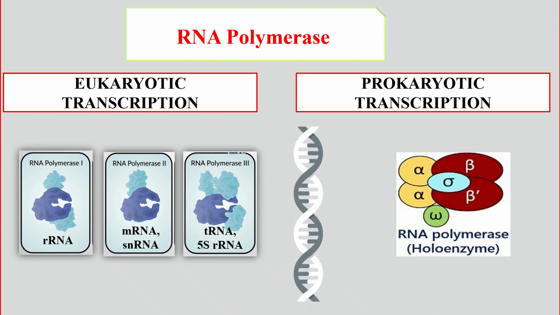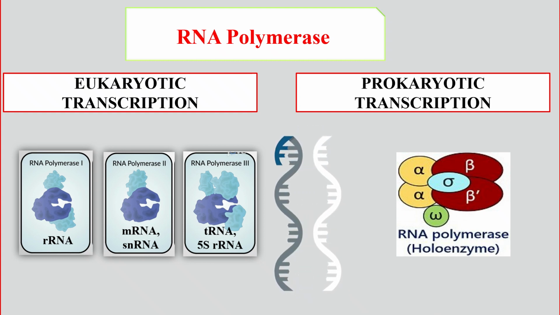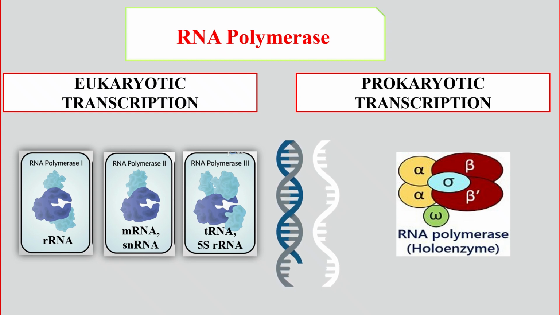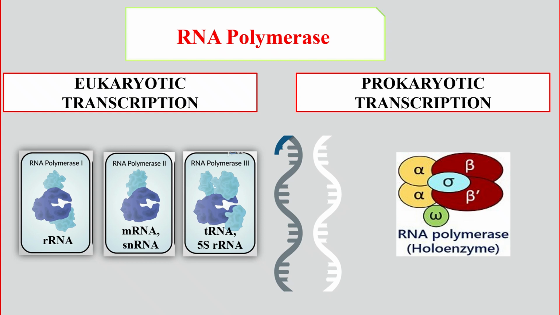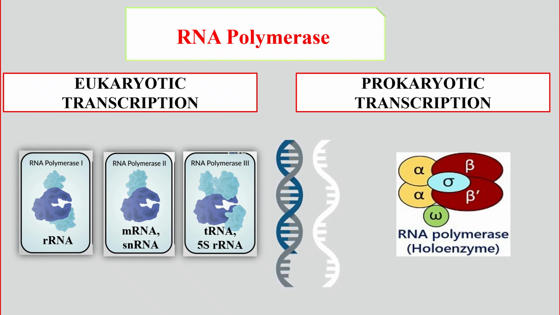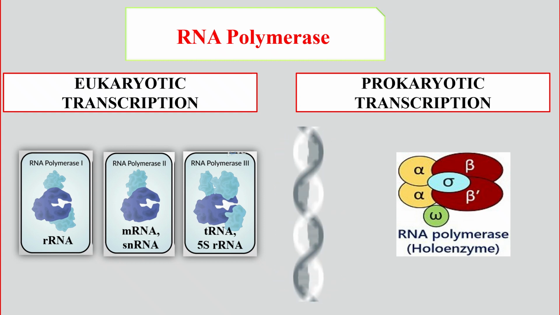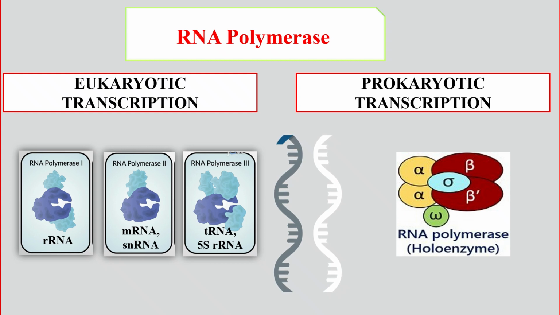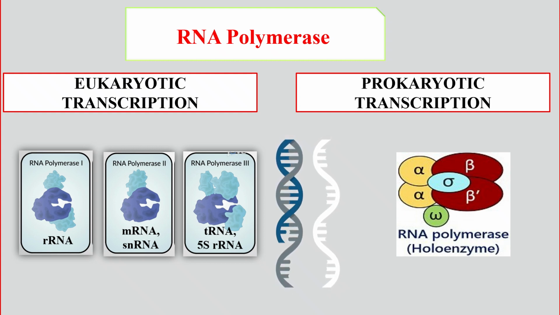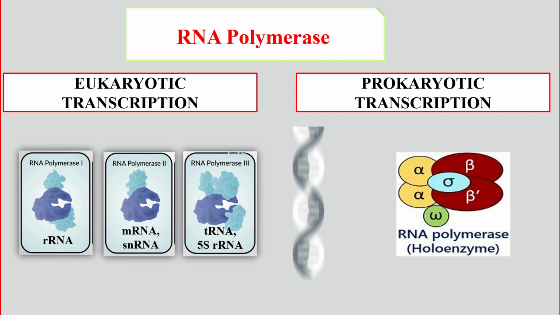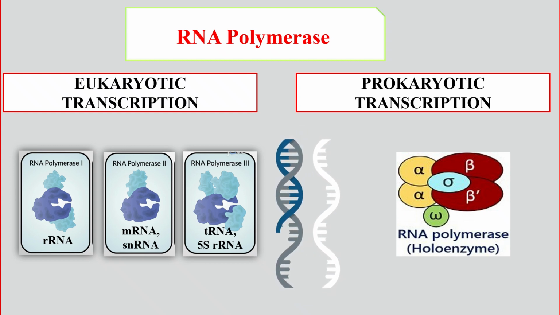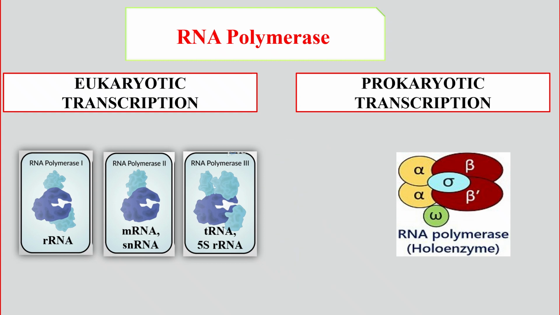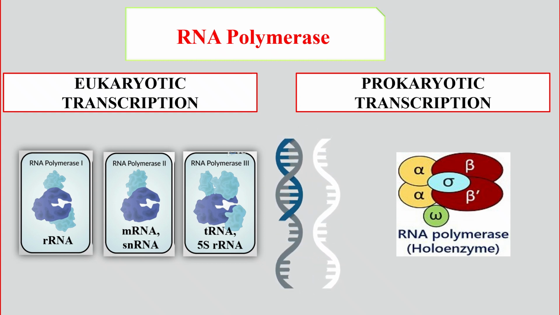As you can see here, in prokaryotes, the RNA polymerase consists of 5 subunits. These are 2 alpha subunits that are responsible for assembling the RNA polymerase, the beta subunit which is responsible for receiving the new incoming ribonucleosides, the beta prime which is responsible for binding to the DNA double helix, and the sigma factor, which is only present in the initiation step.